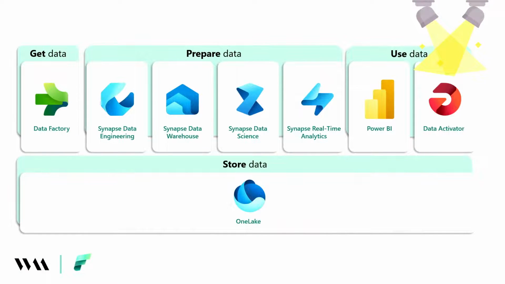So speaking of Data Activator, let's look into our spotlight of the day, which is Data Activator. With Data Activator, we will be able to use our data in a completely new way. In Power BI, we use our data by looking at it, by analyzing it, by studying it, by learning from it.